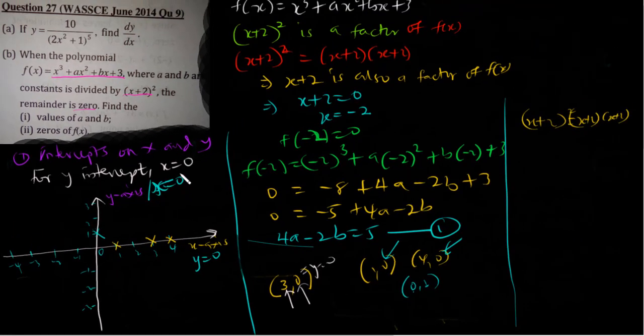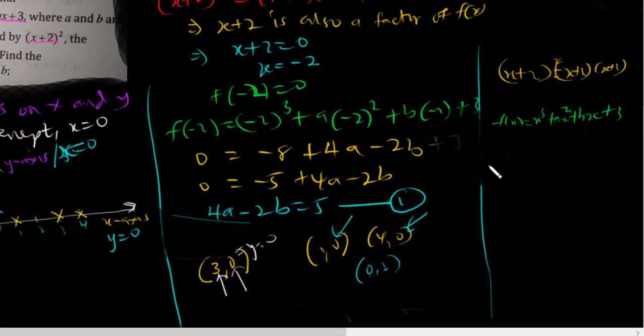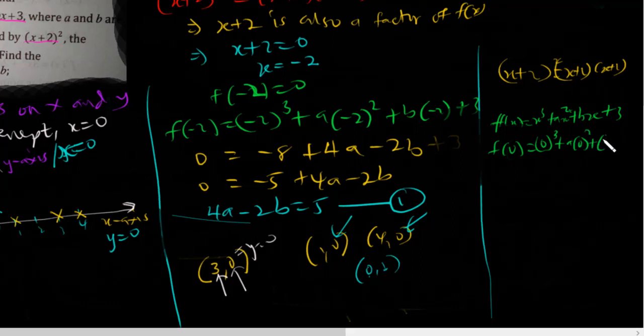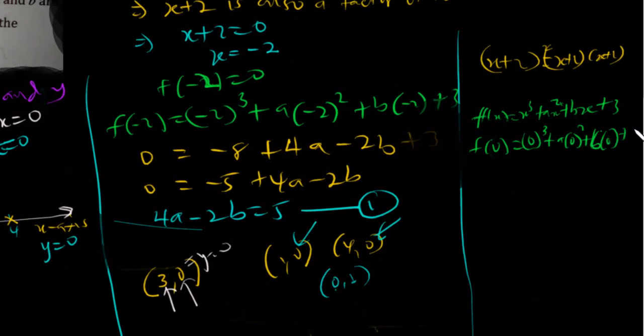Now let us draw our curve. Our curve is f of x equals x cubed plus a x squared plus bx plus 3. So for the y-intercept, the value of x is 0. So where I have x, I write 0. Okay, so f of 0 is: I have x cubed, so 0 cubed, a x squared, so a times 0 squared, bx, so b times 0, then plus 3.